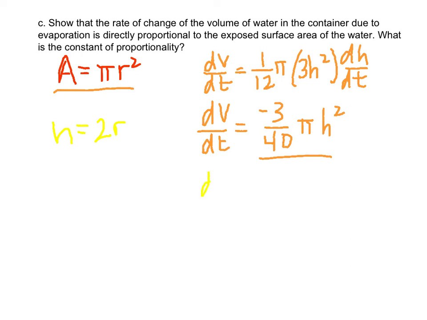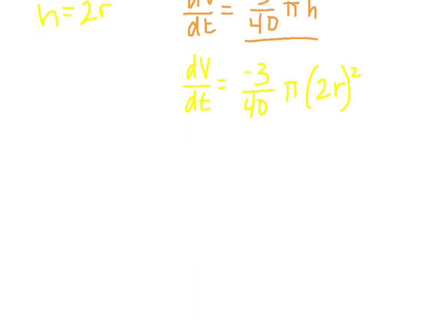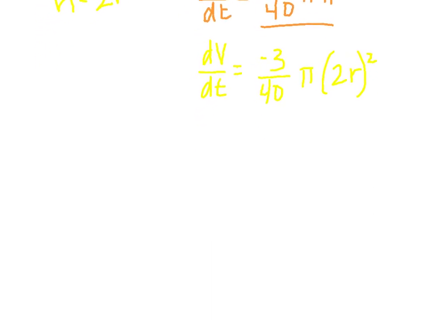So in this equation, we are going to plug that in and solve from there, so that we can have common variables. So you continue to simplify this, and you get -3/10 pi r squared.